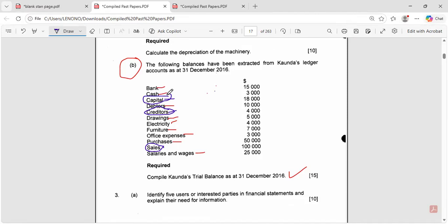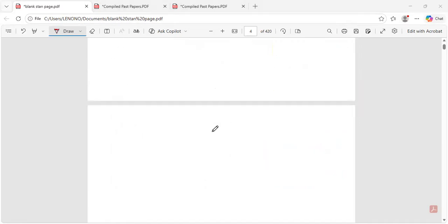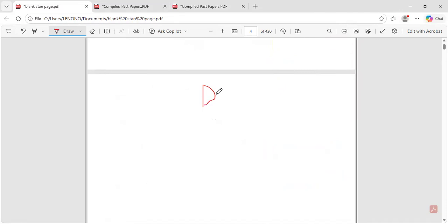Okay, so those ones are credits. What happens here is that as we prepare a trial balance, we are going to do this: debit and credit. The first one is the bank.